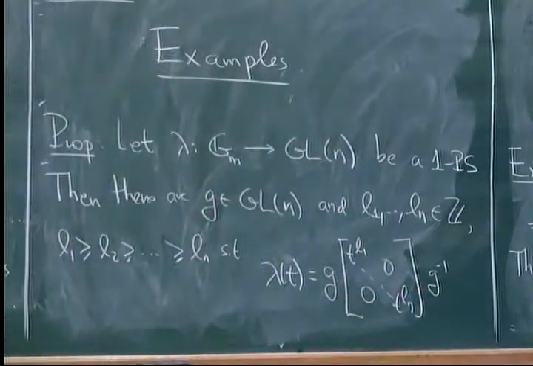Okay? So up to conjugation, one-parameter subgroups are very simple.